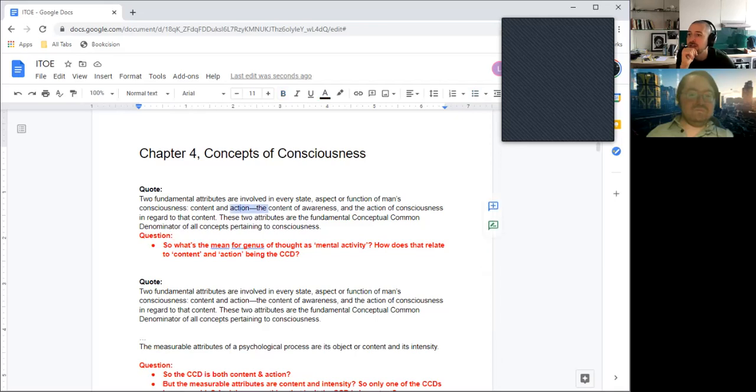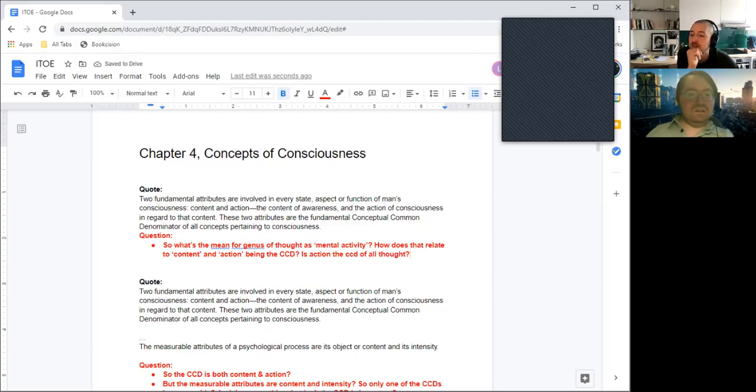Does that mean I've taken action as a CCD of all thought? Is that what I'm doing? But then is action CCD of all thought? I'm trying to get my head around all these by using these terms.